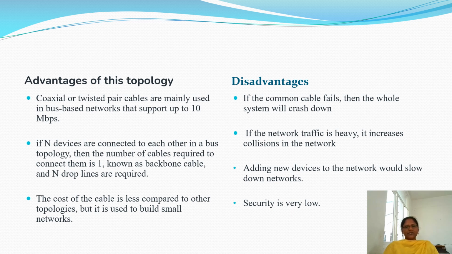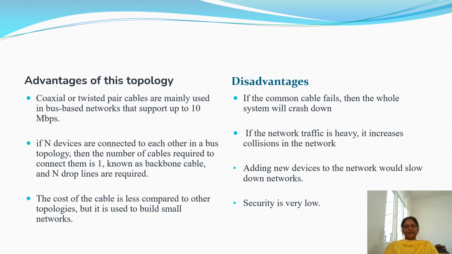Mainly this bus topology is used for forming small networks, and we have some disadvantages in the bus topology as well. If the common cable, the backbone cable, fails, the entire system will crash. This is the biggest drawback in the bus topology. If the network traffic is heavy, collisions increase, so collisions are possible in bus topology.